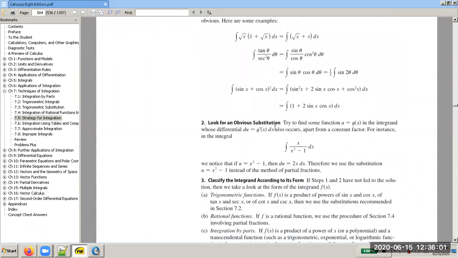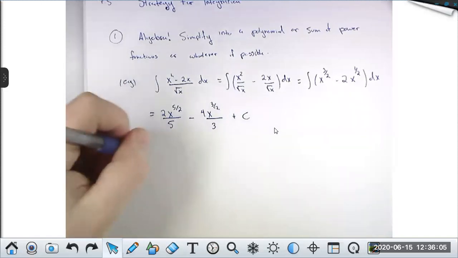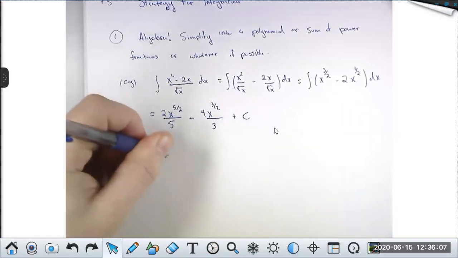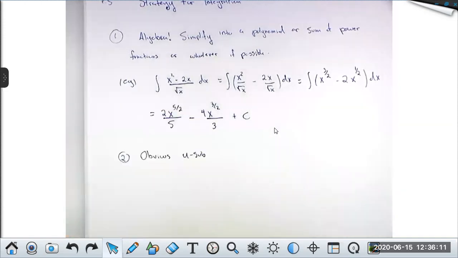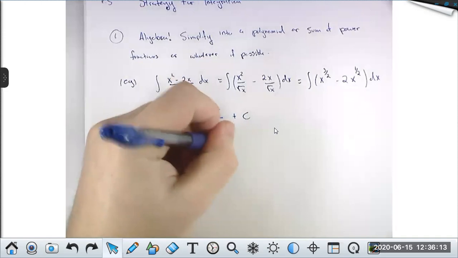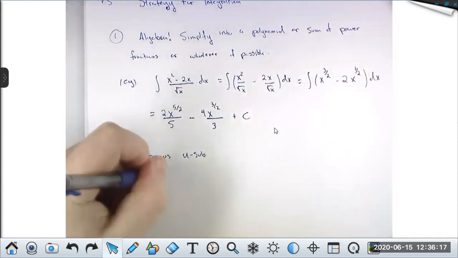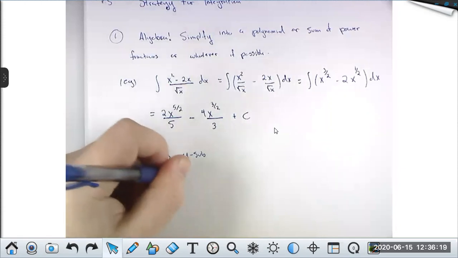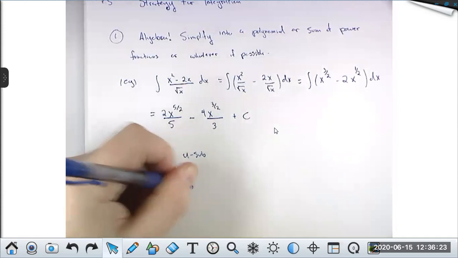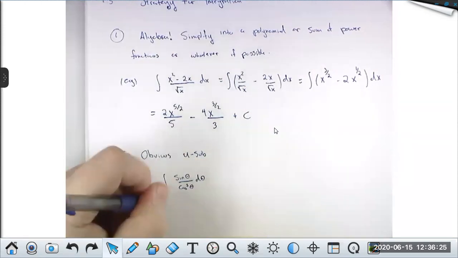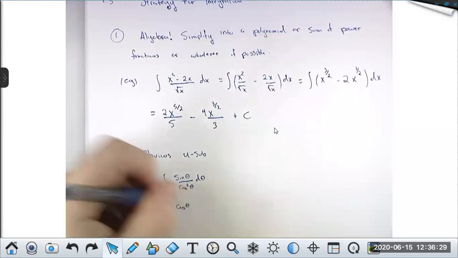Next, look for a substitution. If you see an obvious u sub, for example, sine theta over cos cubed theta d theta. Here you would want to sub u or z equals cos theta.